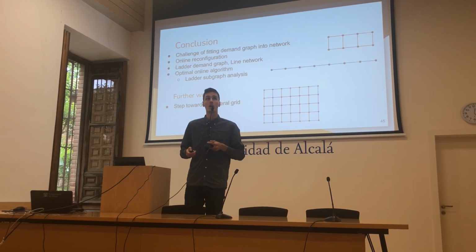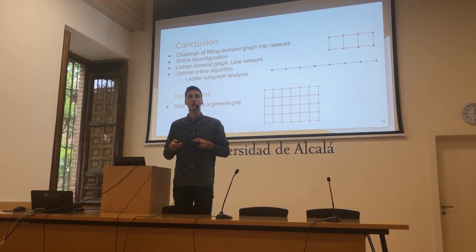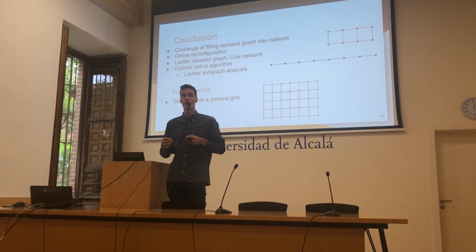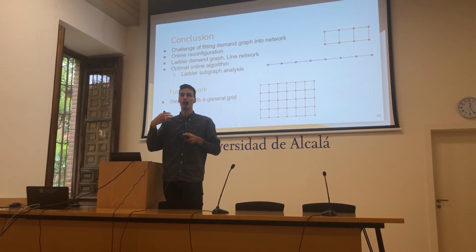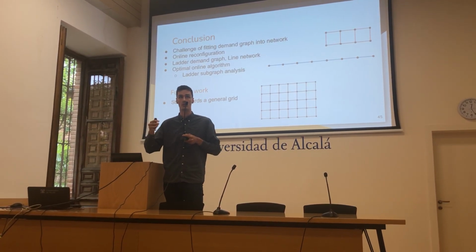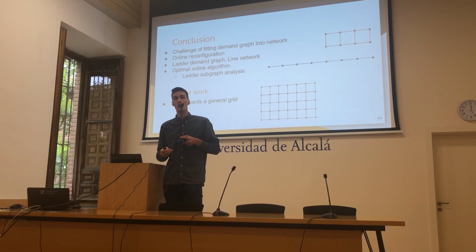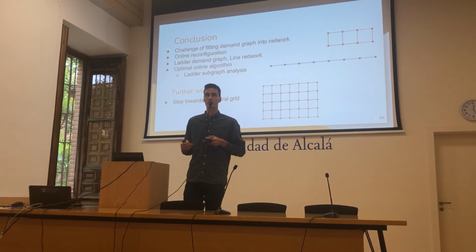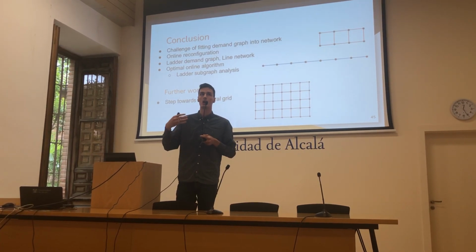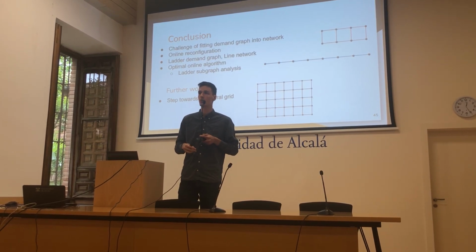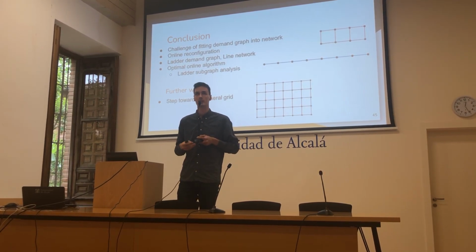Let me conclude. In our paper, we addressed the challenge of fitting a demand graph into the network graph. We allowed ourselves online reconfigurations, so to make the adjustments on the fly. We considered ladder demand graph and the line network, and we came up with an optimal algorithm through going through the ladder subgraph analysis.